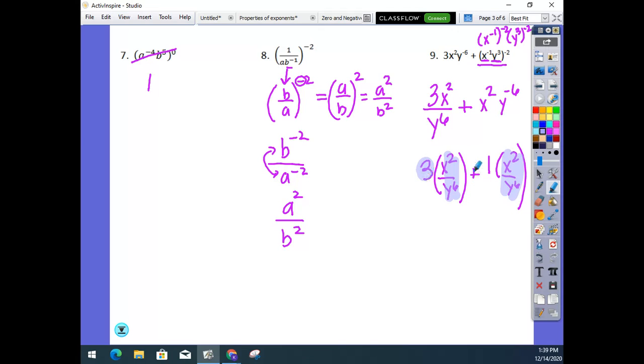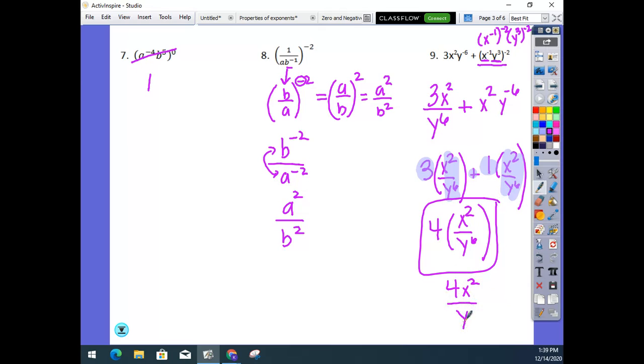If I have 3 plus 1, I have 4 of my like terms. And if you wanted to write it as 4x squared, this is the same thing. This way, it's just pulling the 4 out, separating the like term on its own. But it doesn't matter. These are both the same thing.